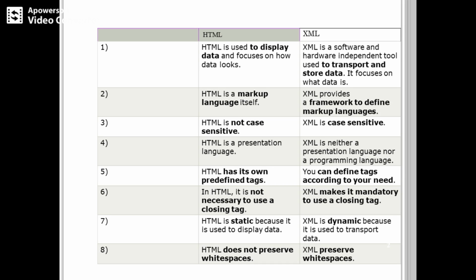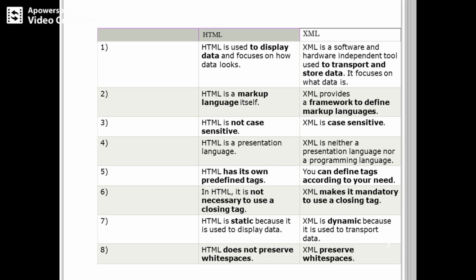It is a universal data interchange language, and XML is not a markup language at all. It is a meta markup language that specifies the rules for creating markup languages. In XML, we do not have predefined tags, but we can define our own user-defined tags.